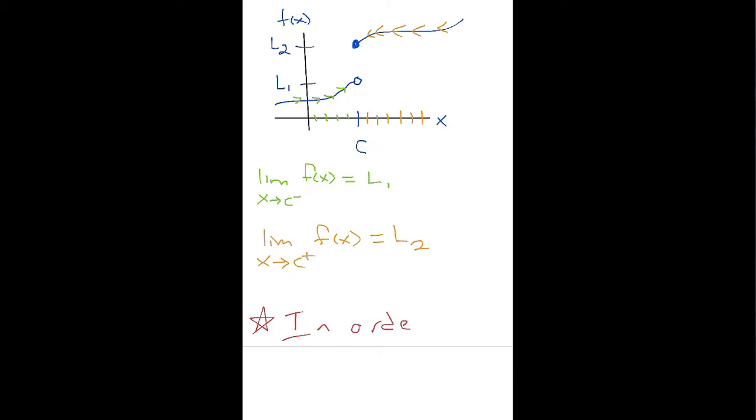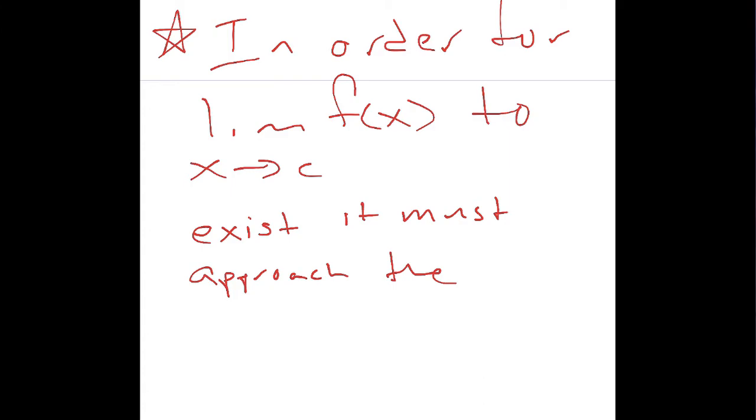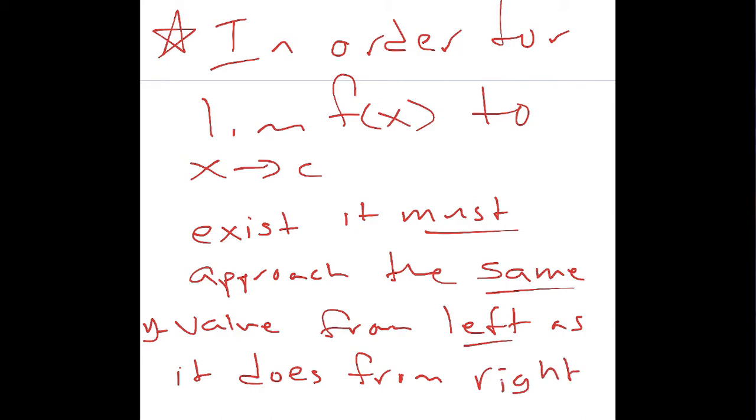In order for the limit as x goes towards c of f of x to exist, it must approach the same value, it's the same y value, from the left as it does from the right. It has to approach the same value.